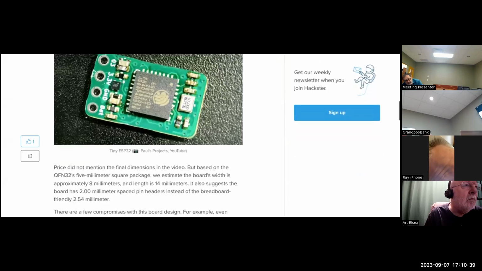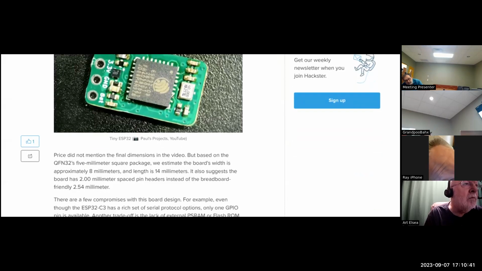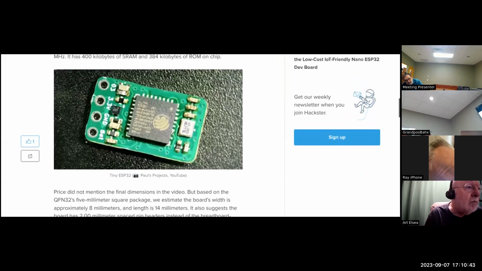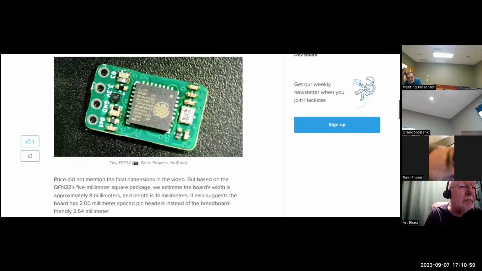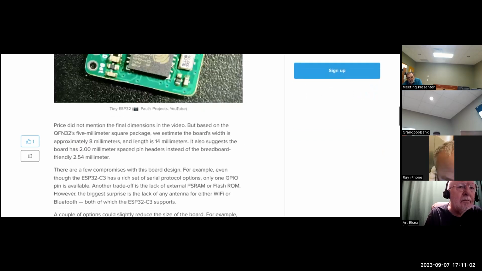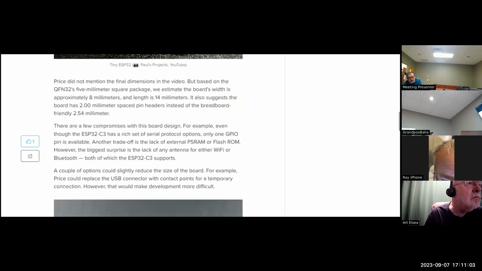So they've only really broken out one pin. Hmm. 5mm square package. Okay. There is no antenna. Maybe in the back. What is it used for?